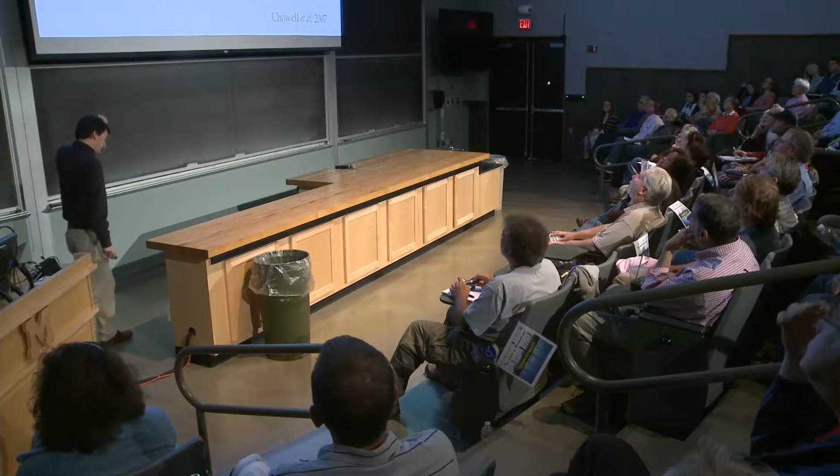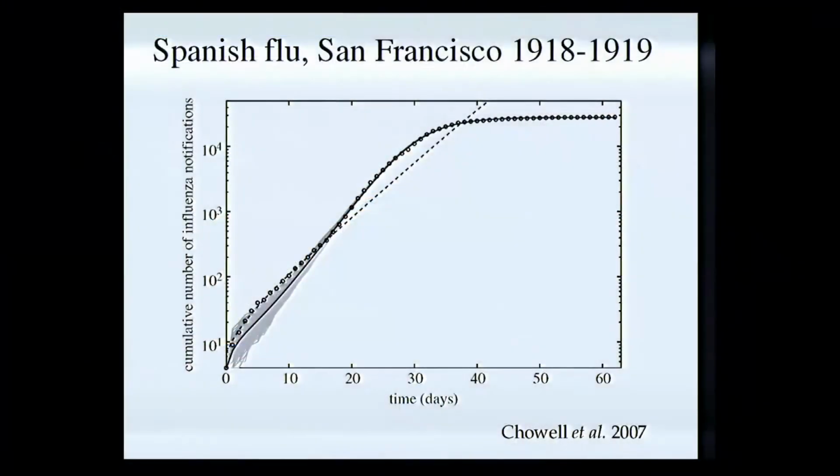Here is an application of this to the spread of disease. I mentioned that the spread of disease is one of the scientific applications of social networks. What we're looking at here is data on the outbreak of the Spanish flu, an often fatal form of viral pneumonia, an influenza that was pandemic in 1918-1919 and killed about 100 million people.